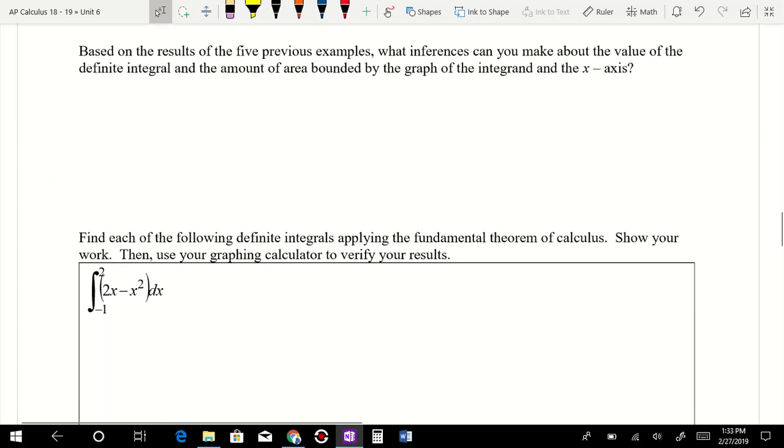So based on the results of the 5 previous examples, we can make a few inferences about the value of definite integrals and the amount of area bounded by the graph of the integrand and the x-axis.